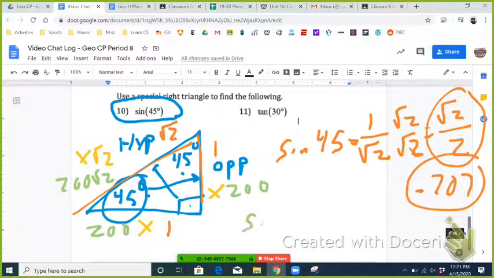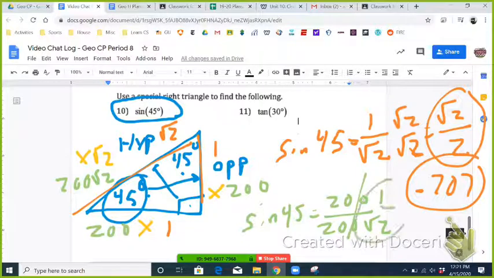So the sine of 45 would still be the opposite leg, 200, over the hypotenuse, 200 root 2. Alright, and this would simplify to 1 over root 2, which is the same answer that we got for the smaller version of the triangle. So, you just need one type of triangle with these angle measures in order to do this.